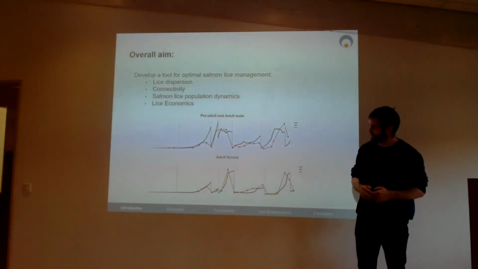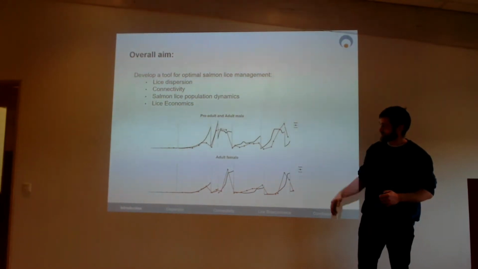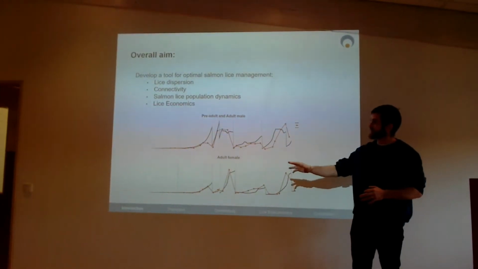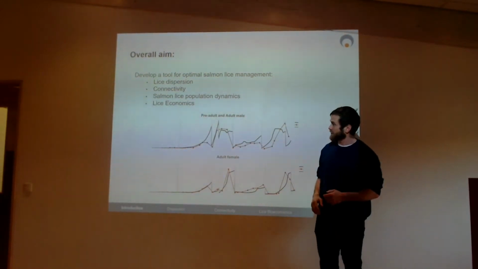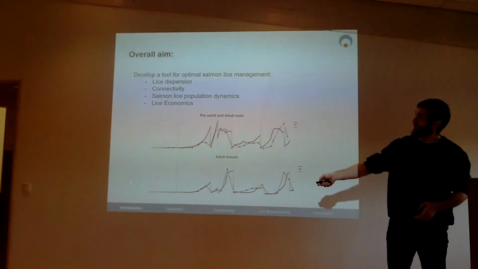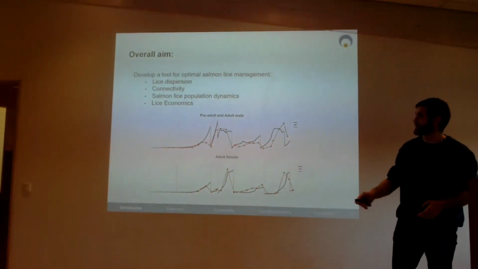Down here you see another farm, one of Esbjørn's farms. This is another example from the Faroes where we used our model to predict the lice development on a specific farm. On the y-axis you have lice per salmon, and on the x-axis you have time.